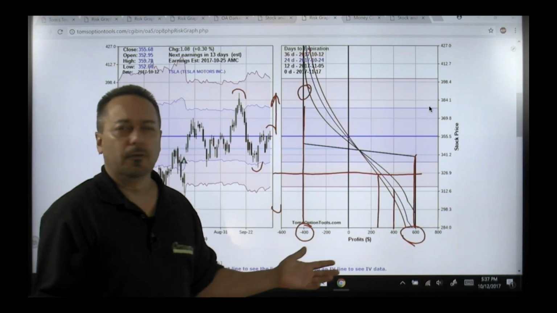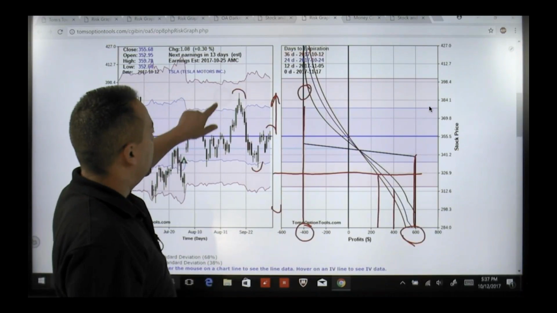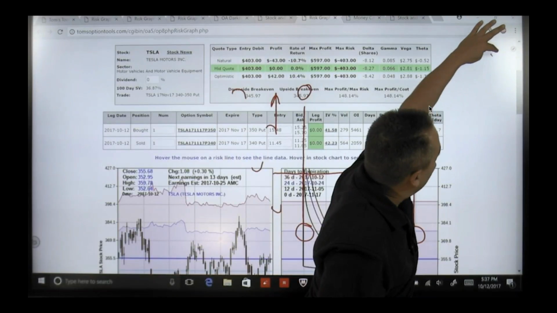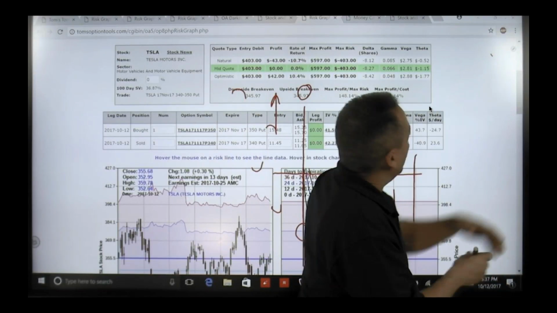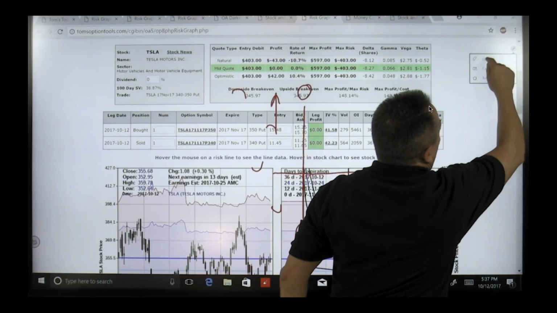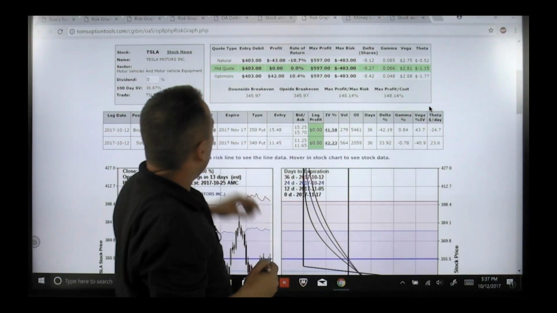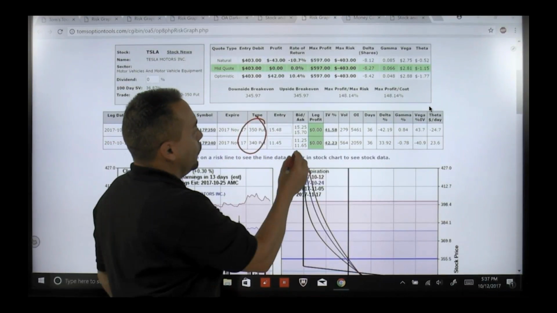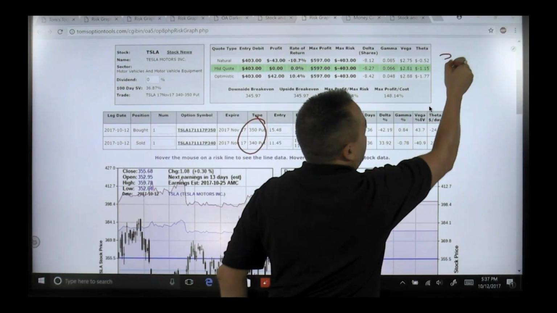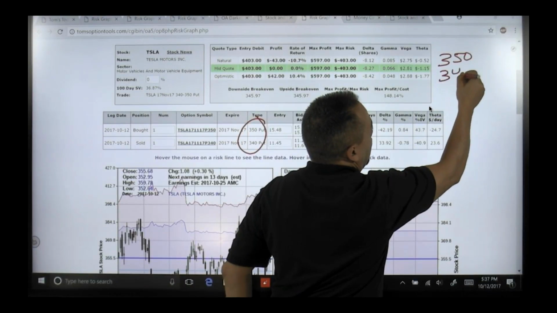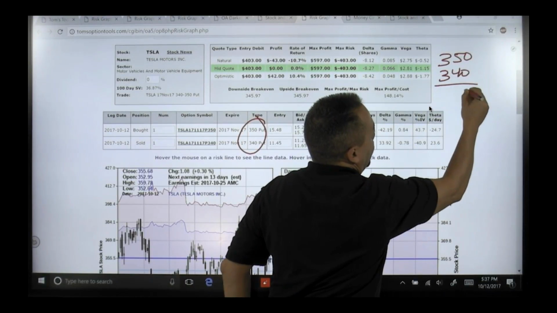How did I come up with those numbers? It's very simple. If you look here, let me scroll down. I'm actually going to clear the screen. Get rid of all the red noise that's there. Okay, and what you'll see is that we have a 10-point spread. All right, so 350 minus 340 is 10.